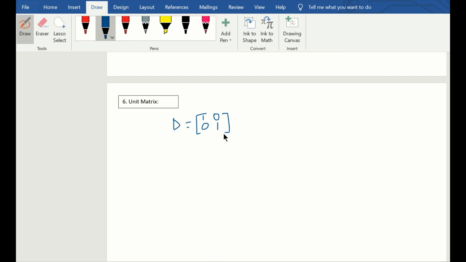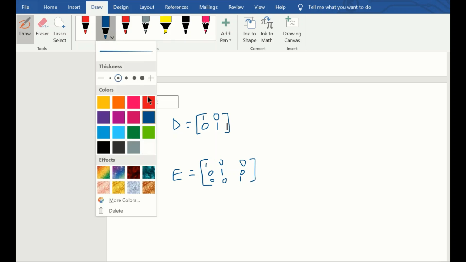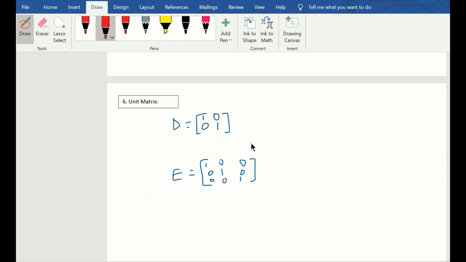Let me give us another example. Let me say I have matrix E is equal to 1, 0, 0, 0, 1, 0, 0, 0, 1. Now, what you are seeing on your screen are two examples of a unit matrix.